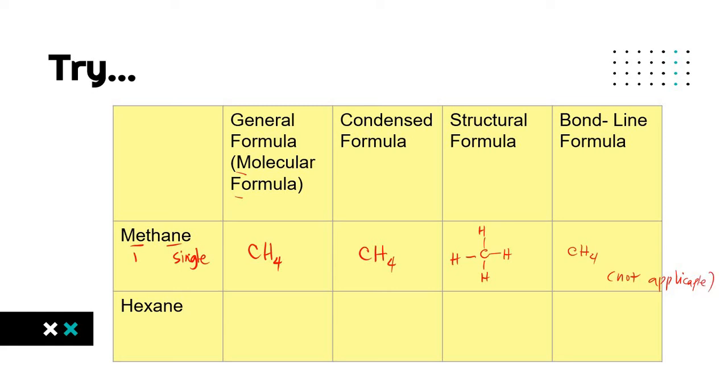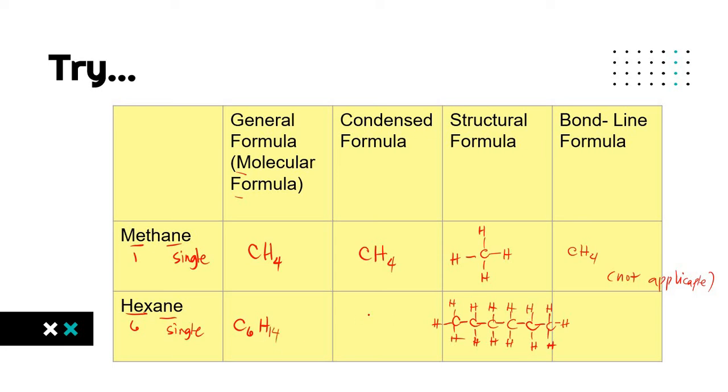Okay, how about for the hexane? Hex means 6 and single bond again. So, C, okay, so that means we have 1, 2, 3, 4, 5, 6. There are hydrogens. If you count 1, 2, 3, 4, 5, 6, 7, 8, 9, 10, 11, 12, 13, 14.